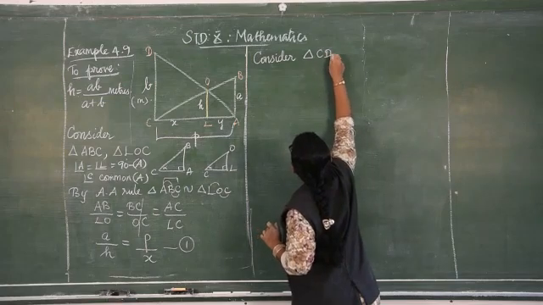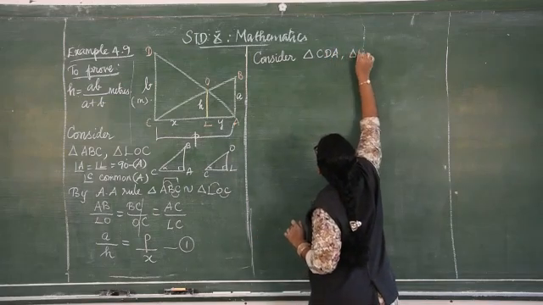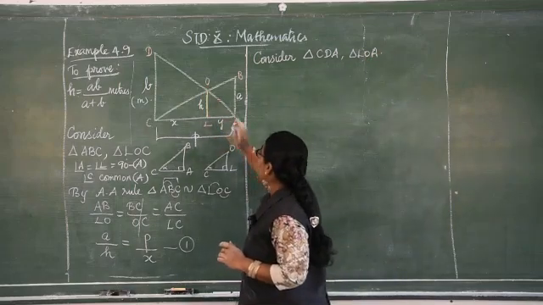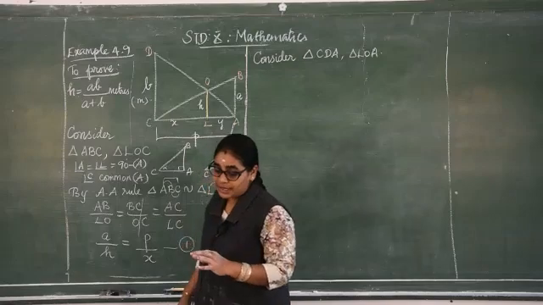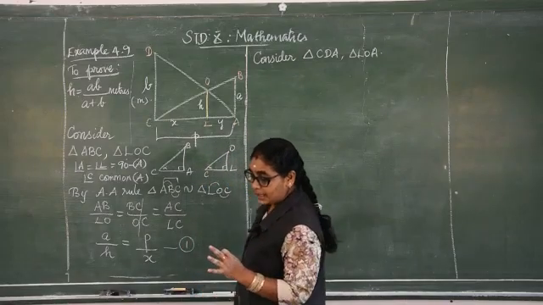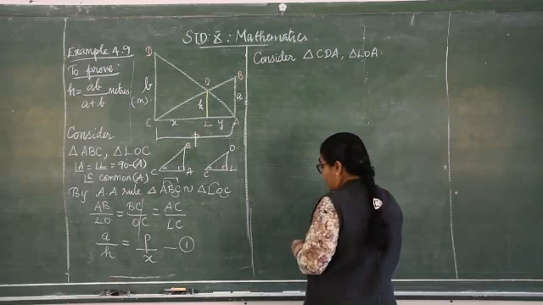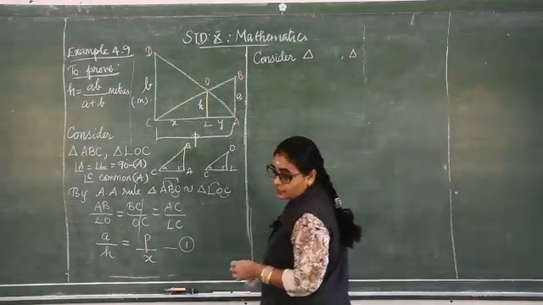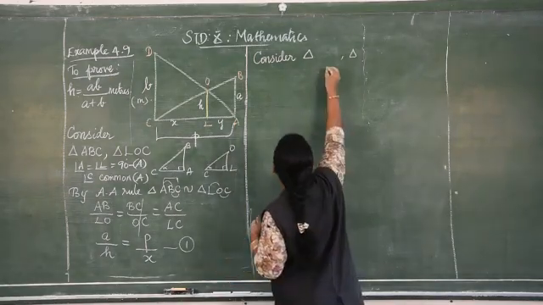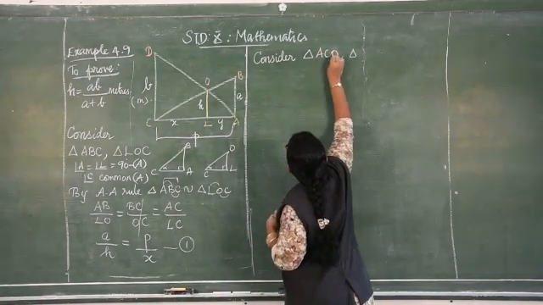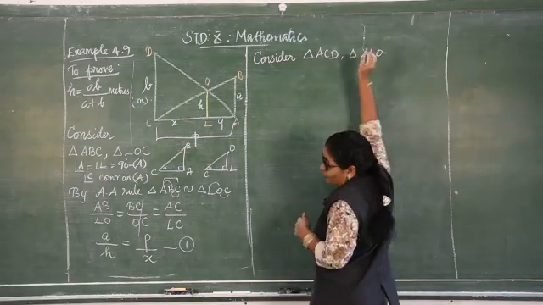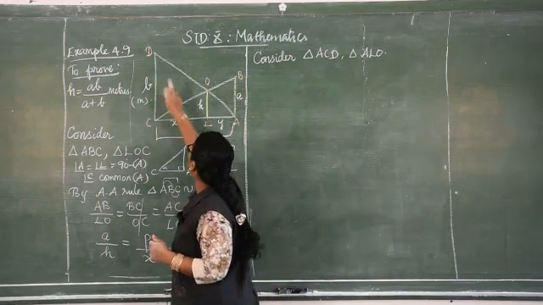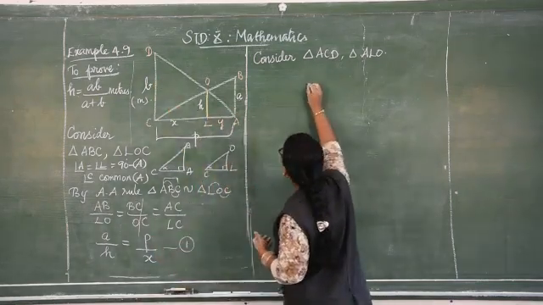Consider triangle CDA and triangle LOA. In your book it is given in a different way: consider A, L, O, and A, C, D, starting from A. A, C, D and A, L, O. The same thing, you draw the diagram.